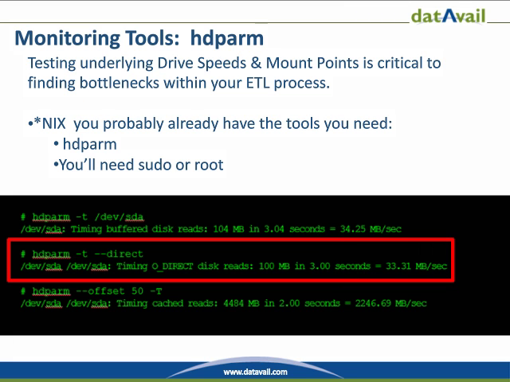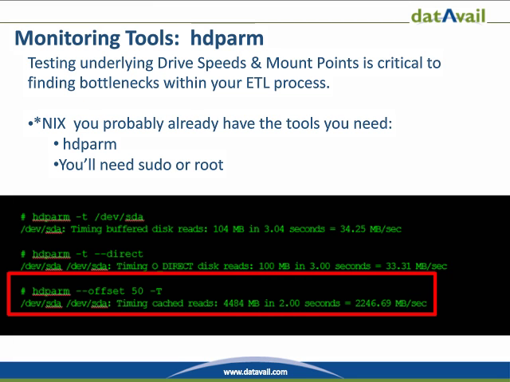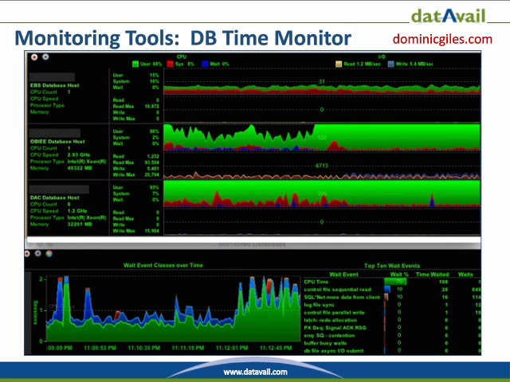I can look at the direct IO, --direct. Or with hdparm, I could look at the cache reads. How quickly is it reading from the cache for that particular device? Now, in this particular example, this was a spinning disk mounted on the server. But you could do the same thing for your SAN devices.